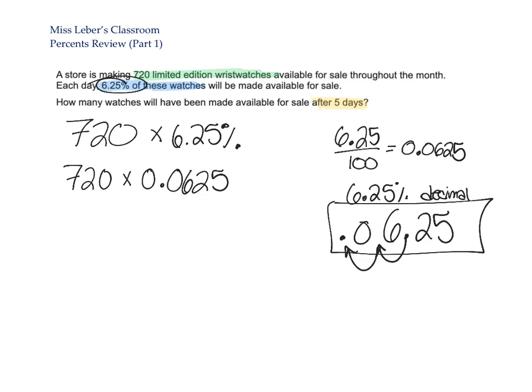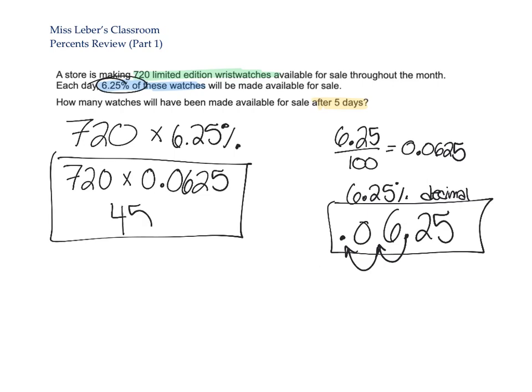When I do this calculation here, I see that that's going to be 45 watches, but that's only for one day. It's telling me that I need it for 5 days.